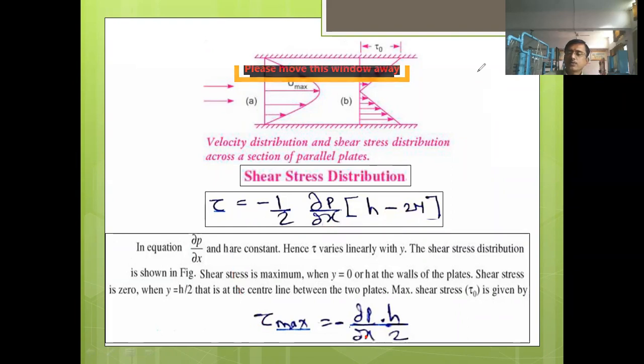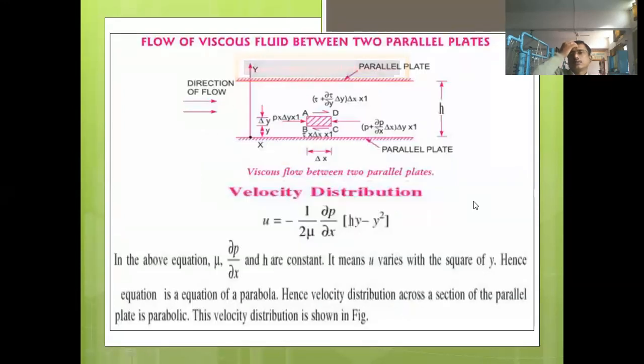I have written the equation for the velocity distribution, and the title there. If not, write down there: flow of viscous fluid between two parallel plates.